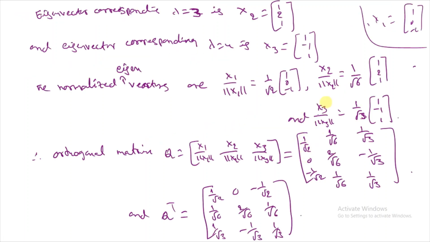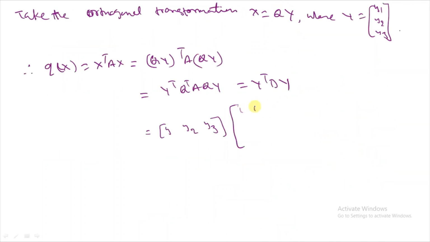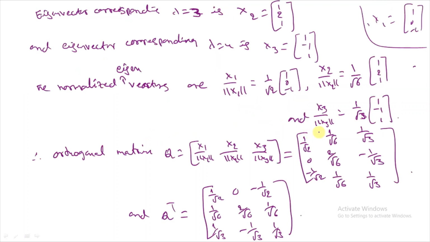Whatever eigenvector you write in the first column, you have to take the corresponding eigenvalue. This is 1. The second eigenvector's corresponding eigenvalue is 3, then 4. That is the diagonal matrix 1, 0, 0, 0, 3, 0, 0, 0, 4. The order is important. If you interchange the eigenvectors, you have to interchange the eigenvalues also.